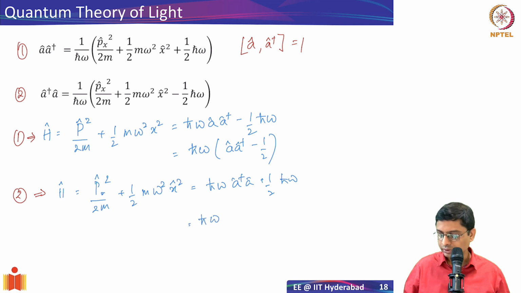That's going to be equal to h cross omega, a dagger a plus half.